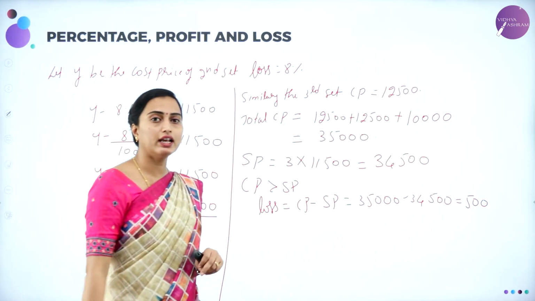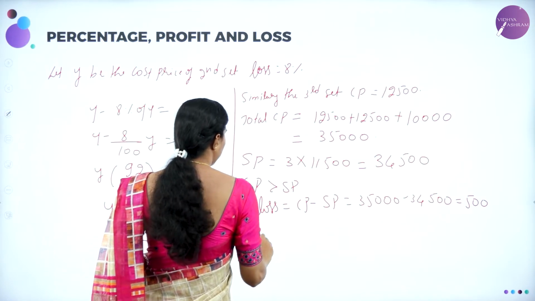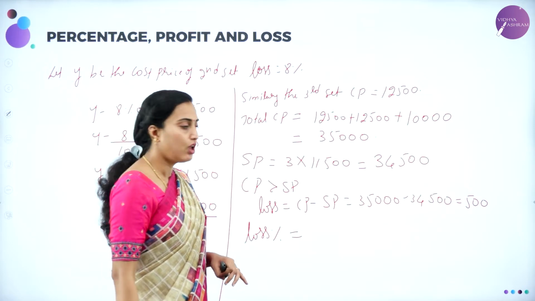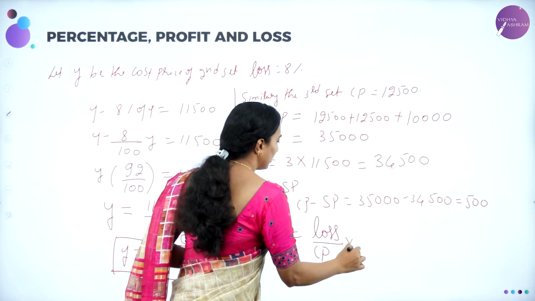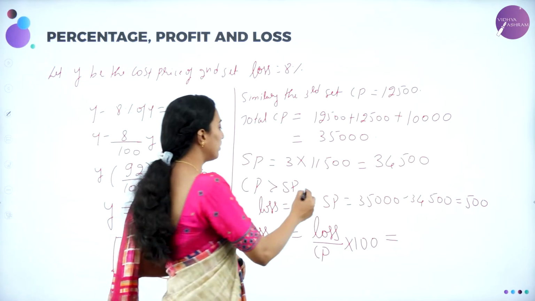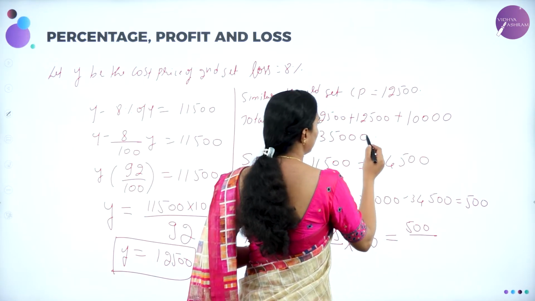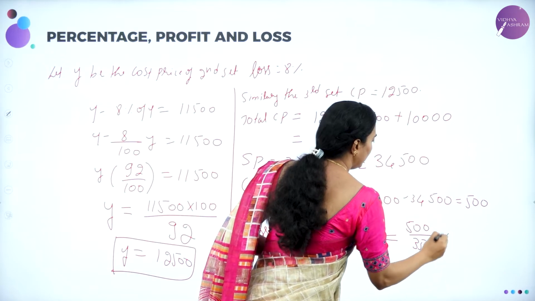Now what have they asked you to calculate? I got the loss, so I can calculate the loss percentage. Loss percentage is equal to loss divided by CP into 100. So which will be equal to the loss, 500, divided by CP, which is totally 35,000, into 100.